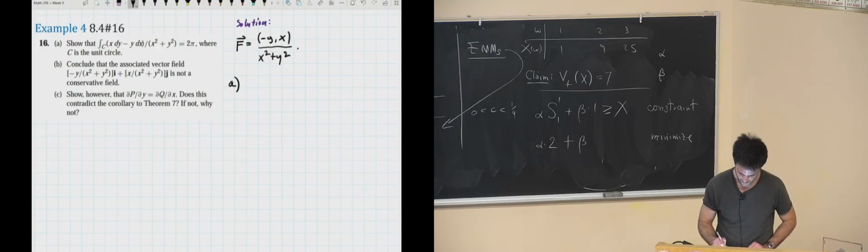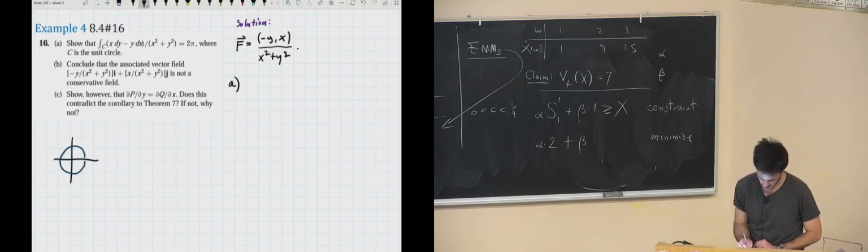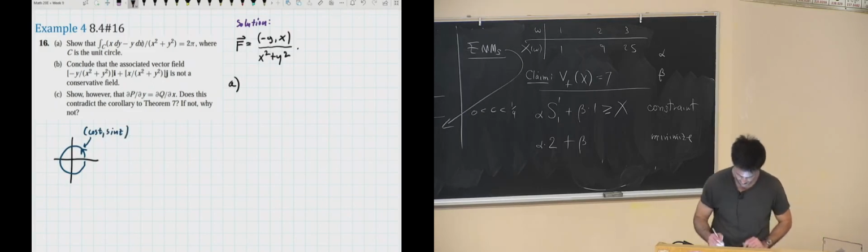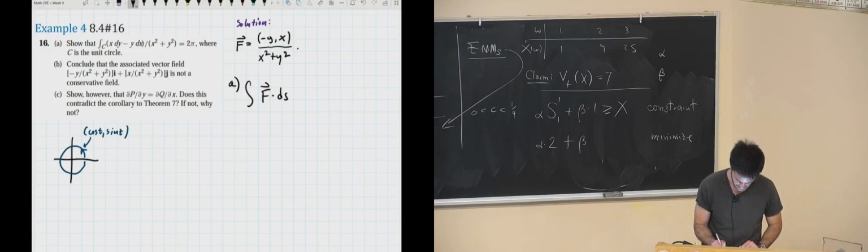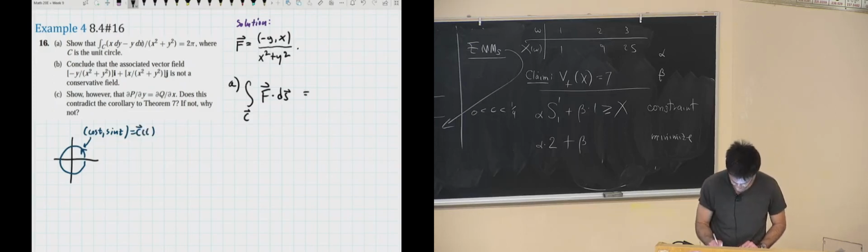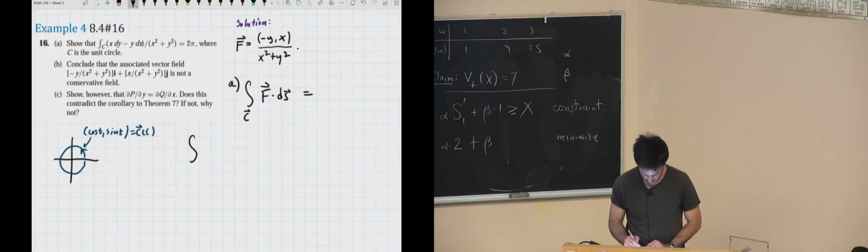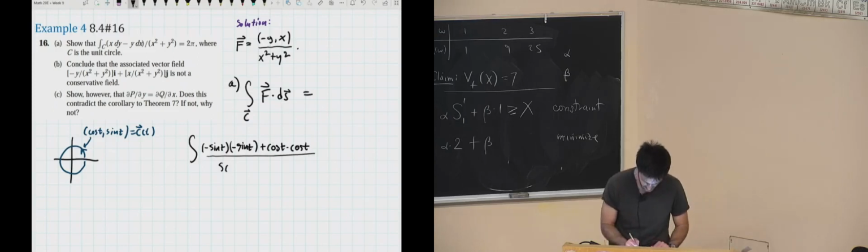If I want to integrate over the unit circle, which is parameterized by cos t, sine t, then the integral of F over the unit circle turns into the integral of: negative y is negative sine t, dx is negative sine t, x is cos t, dy is cos t, and x squared plus y squared is cos squared plus sine squared.